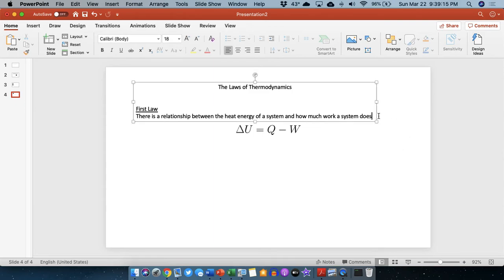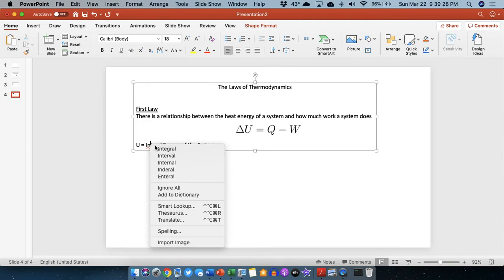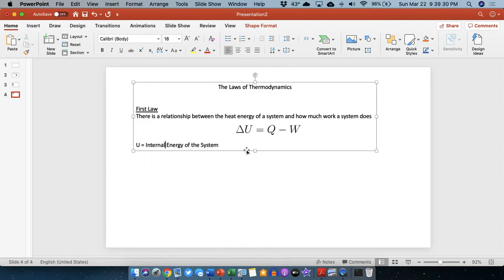All right? So what this means is U is our internal energy of the system. Basically, all the energy that a system has internally itself. Q is our good old friend from the previous equation. It's heat energy. And then W is our work.